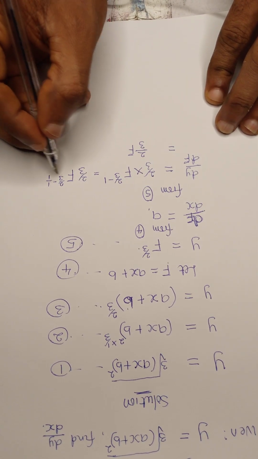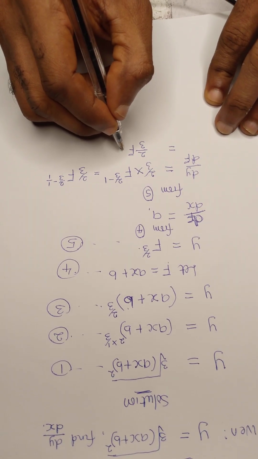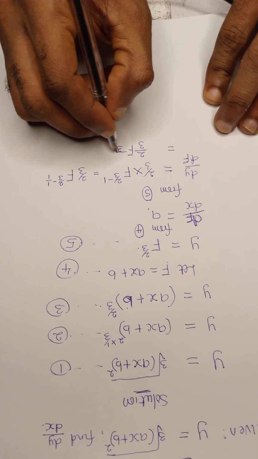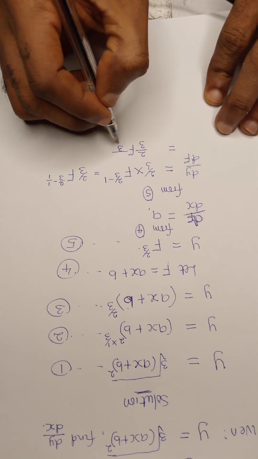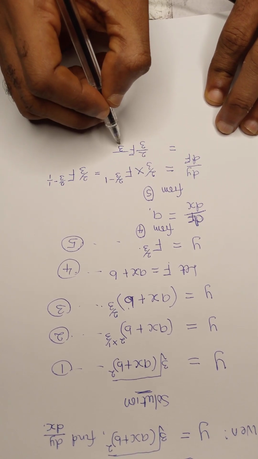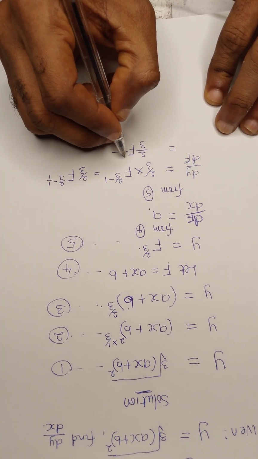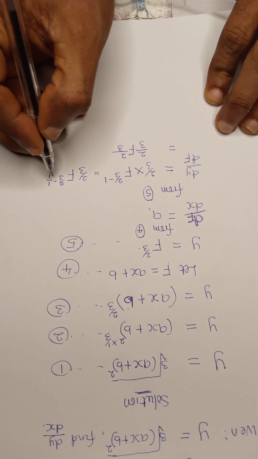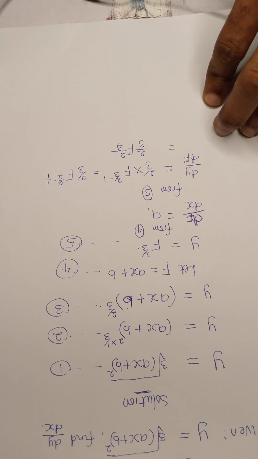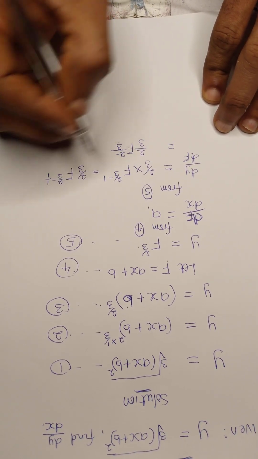The LCM of 3 and 1 here is 3. So 3 dividing this 3 will be 1, 3 dividing this 3 will be 1, and then 1 times these 2 will give us 2. We have minus here; 1 into 3 will be 3.